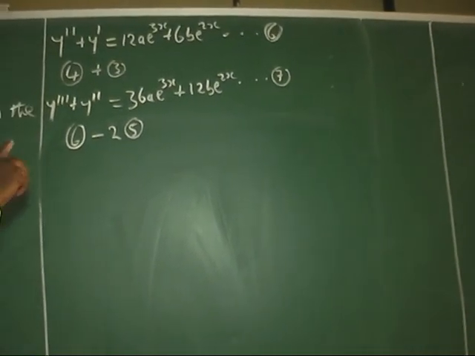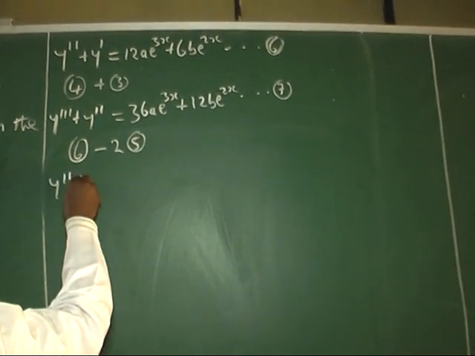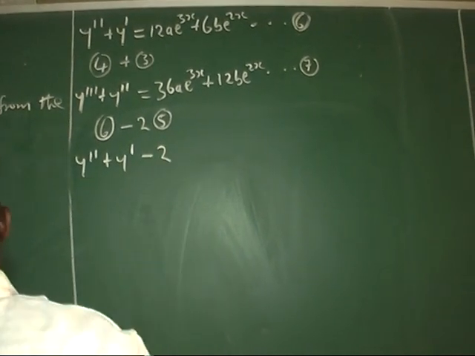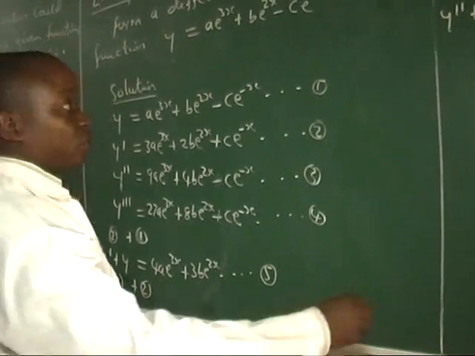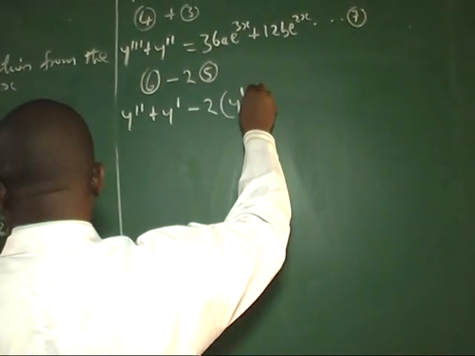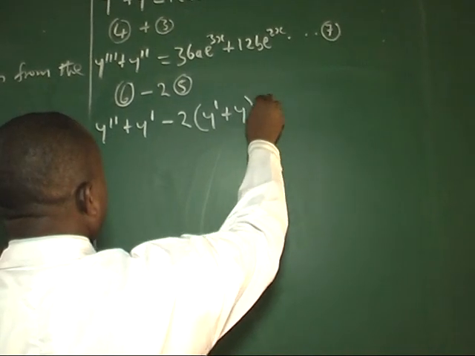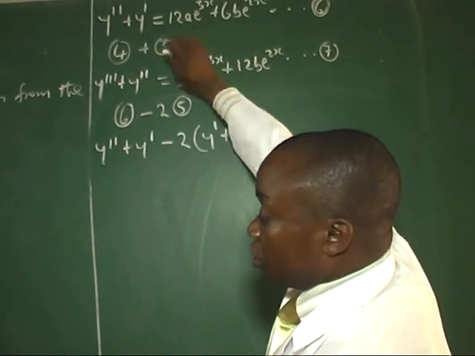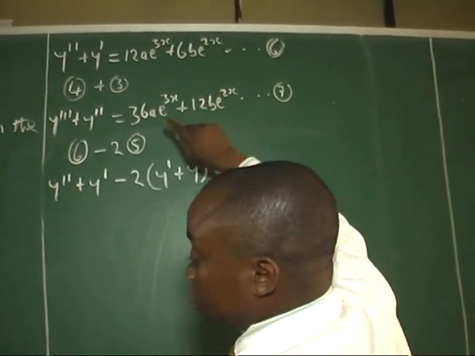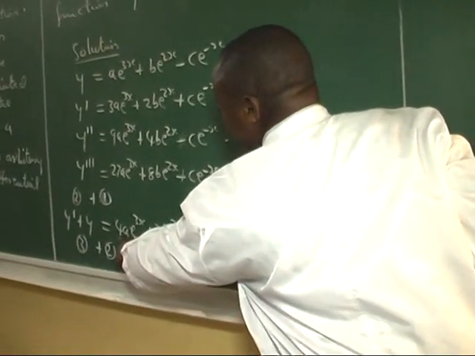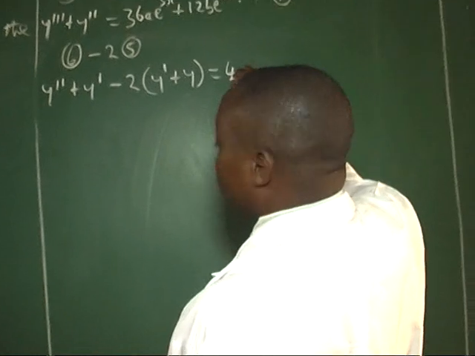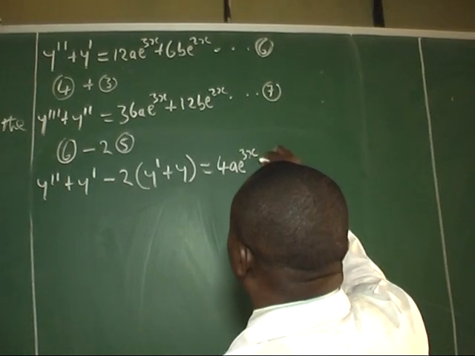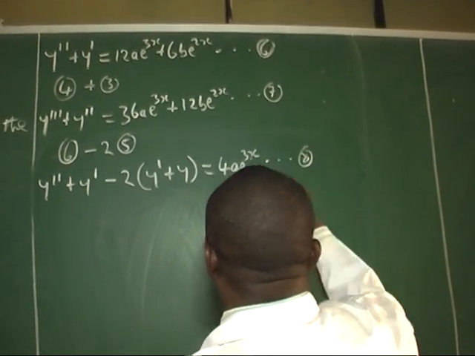Now that will give us y double prime plus y prime minus 2 times y prime plus y, which will equal 12 minus 2 times 4, which is 8. So we have 4a e^(3x), and this becomes equation 8.